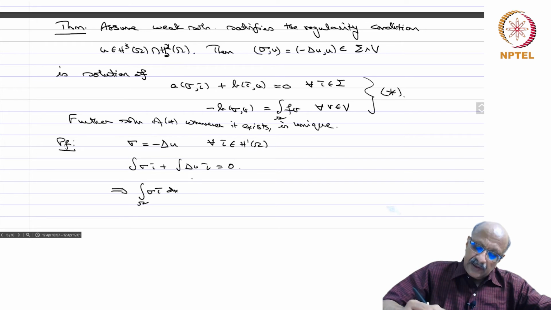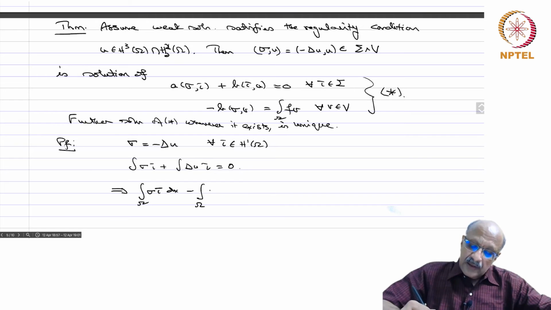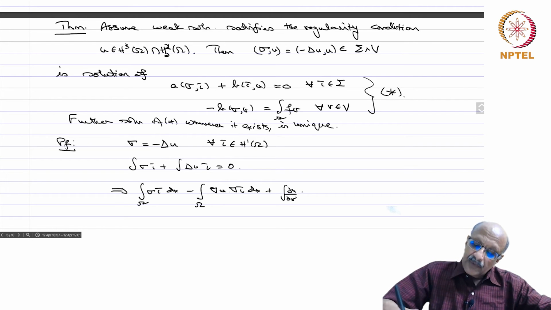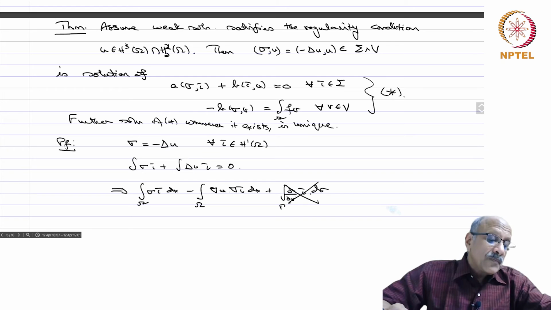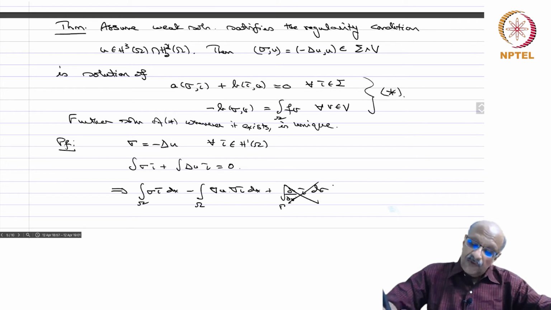Okay, and therefore this implies that integral on omega sigma tau dx plus, or rather I am going to apply Green's theorem, minus integral over omega grad u grad tau dx, then plus integral du by d nu tau d sigma over gamma, but this term goes to 0 because du by d nu is equal to 0, and therefore this is equal to 0.